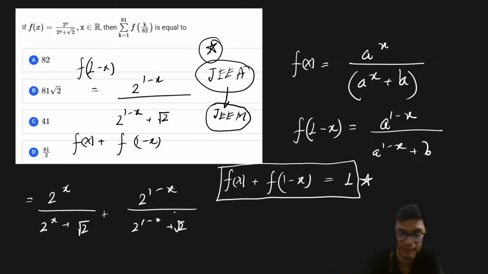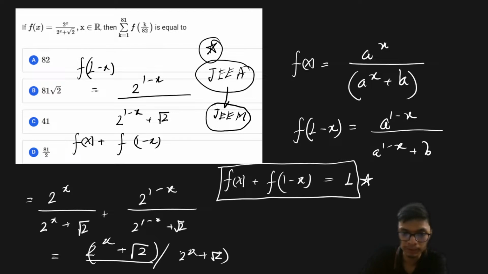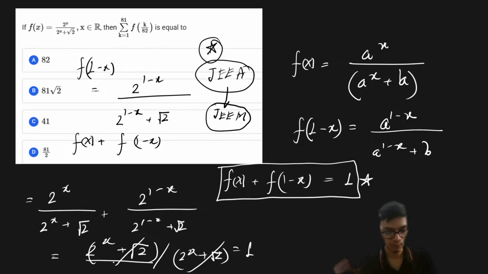If you simplify this part, which is very simple to simplify, you will see that this value is going to be equal to 2 to the power x plus square root of 2 divided by 2 to the power x plus square root of 2, which is equal to 1, right? This and this cancel, and therefore the summation of f of x plus f of 1 minus x is equal to 1.